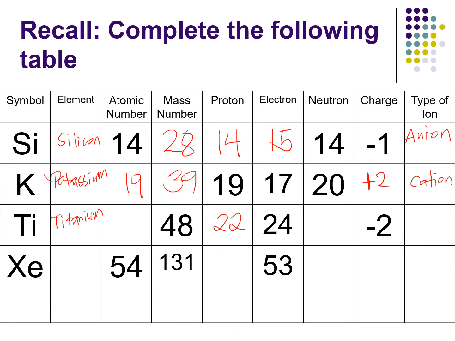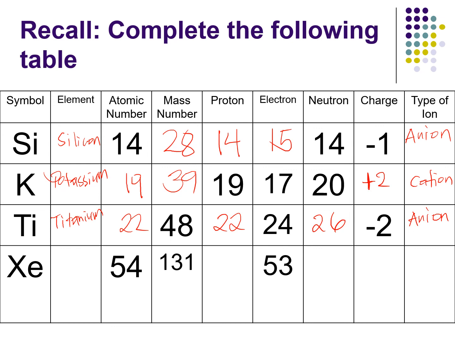Okay, so we could now already determine the atomic number, which is also 22. And the number of neutron would be 48 minus 22. The answer would be 26. And then, the charge is negative, so this one is an ion.